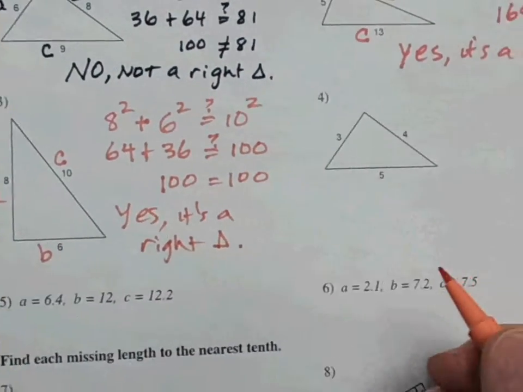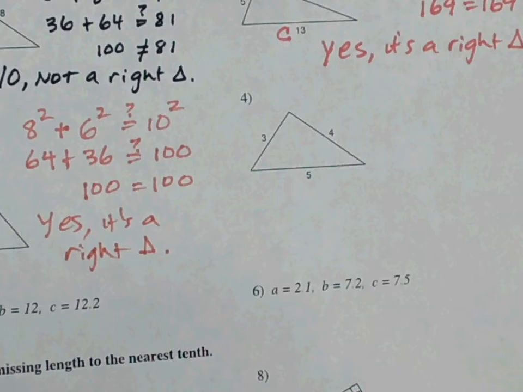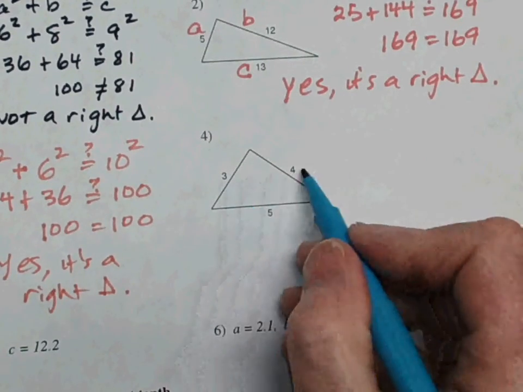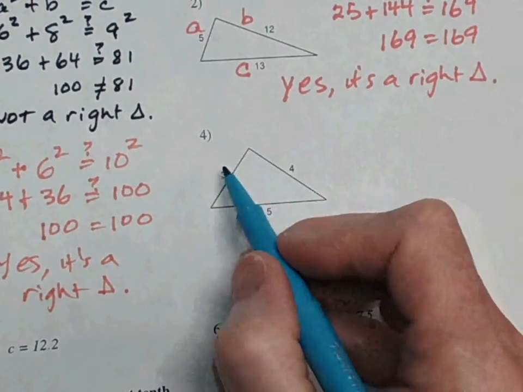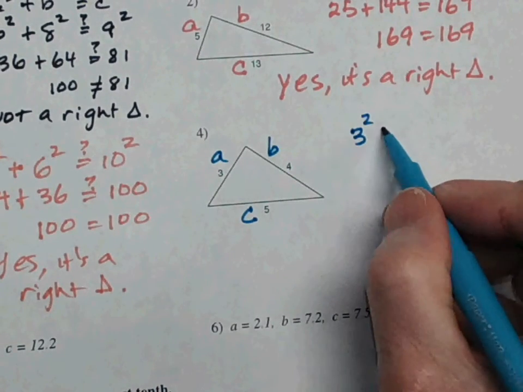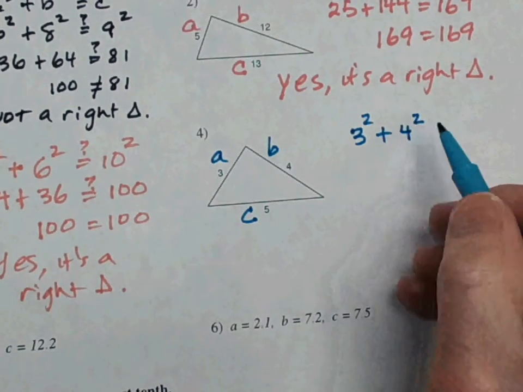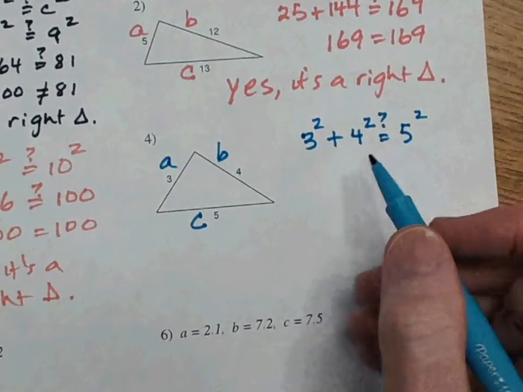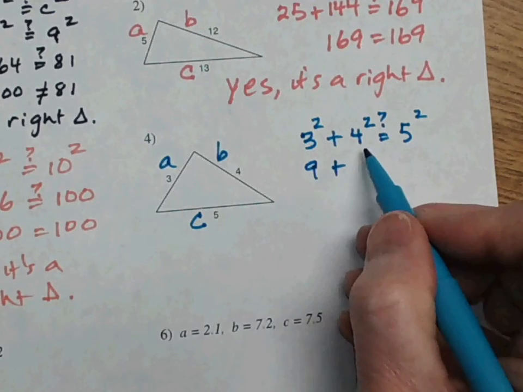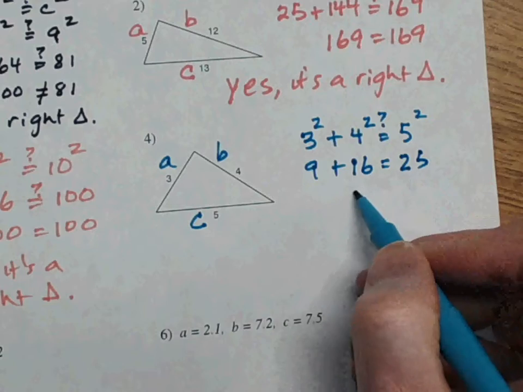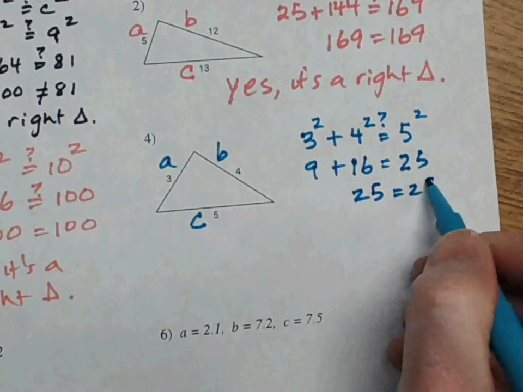All right, now we have a 3, 4, 5. Does A squared plus B squared equal C squared? The longest side we have to identify as C, so I'll call these A and B. 3 squared is 9, plus 4 squared is 16, equals 25. 25 equals 25.